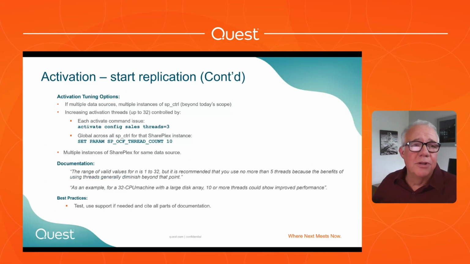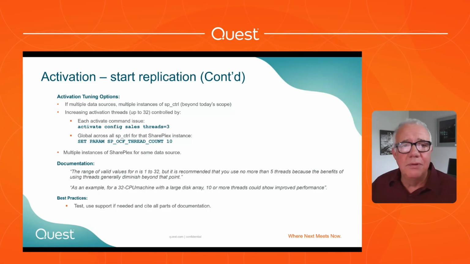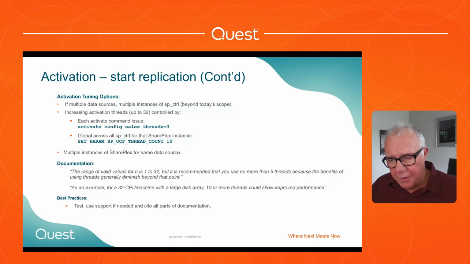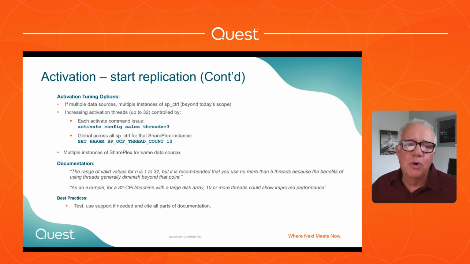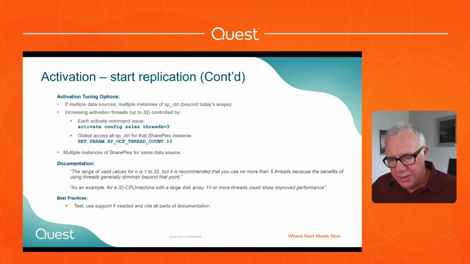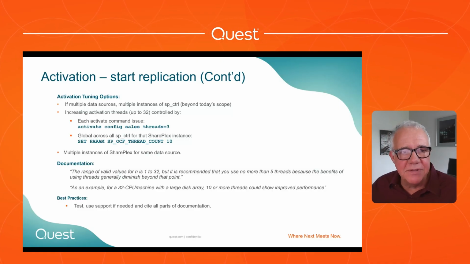So let's talk about a little bit of tuning related to activation. So it can take a while, and the more tables you have, the longer it can take. And sometimes, it's noticeable if you have 500 tables, for example, you'll wait. But what if you have 90,000 tables, which SharePlex customers certainly do?